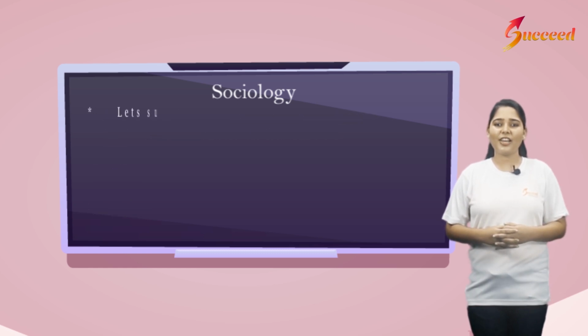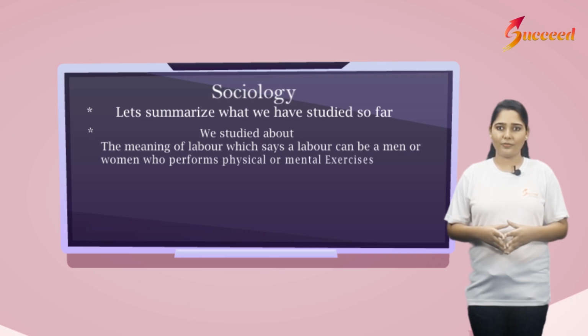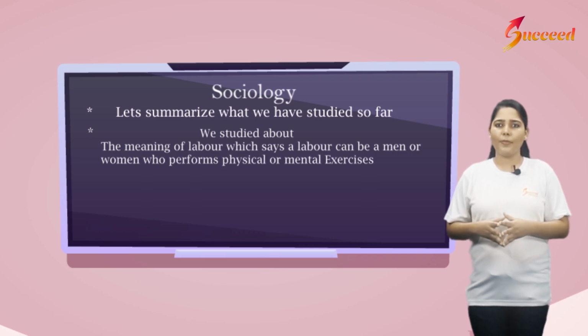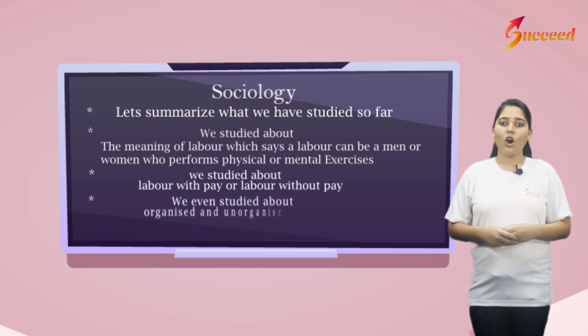Okay, so let's summarize everything we have studied so far. We studied about the meaning of labor, which says a labor can be a man or woman who performs physical or mental exercises. We studied about labor with pay and labor without pay. We even studied about organized and unorganized sector.